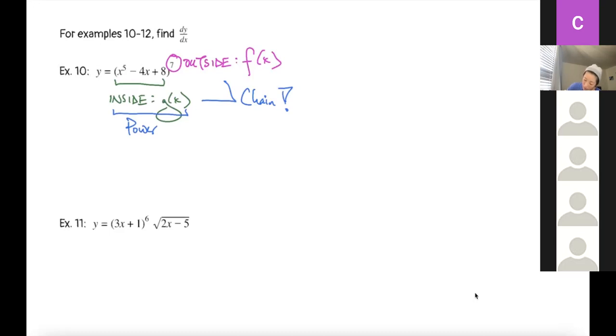So y prime equals, what are we going to get for that first derivative, or the first part of it, and what are we going to get for the second part? Give you a moment to think about that and write that out into the chat.